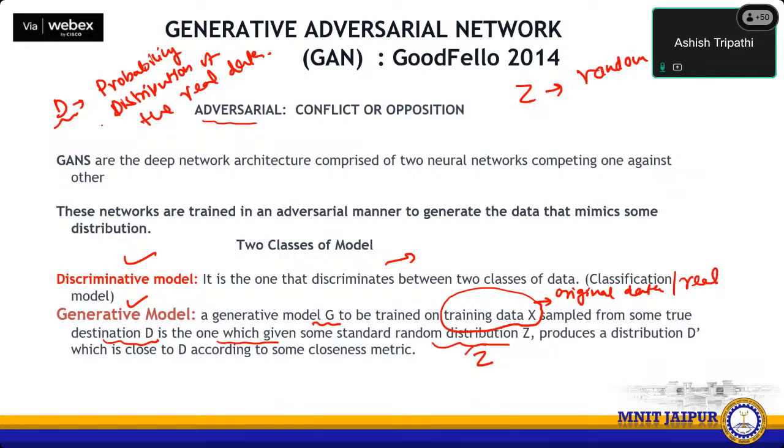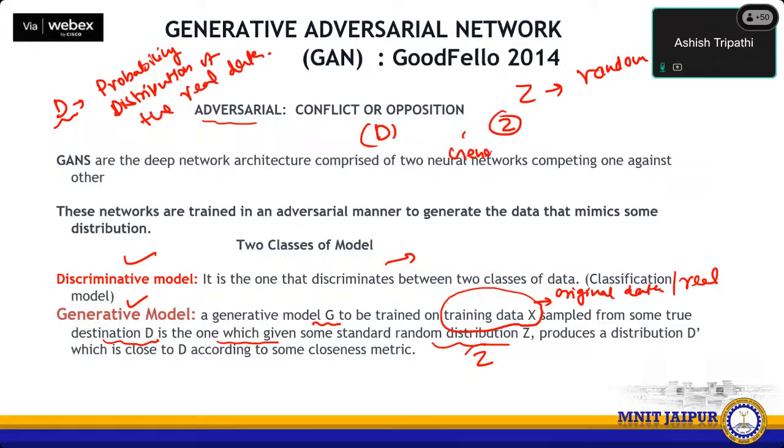Capital D is the probability distribution of the true or real data. So these are the two terms that you have to remember: D is the probability distribution of the real data, and Z is any random probability distribution.